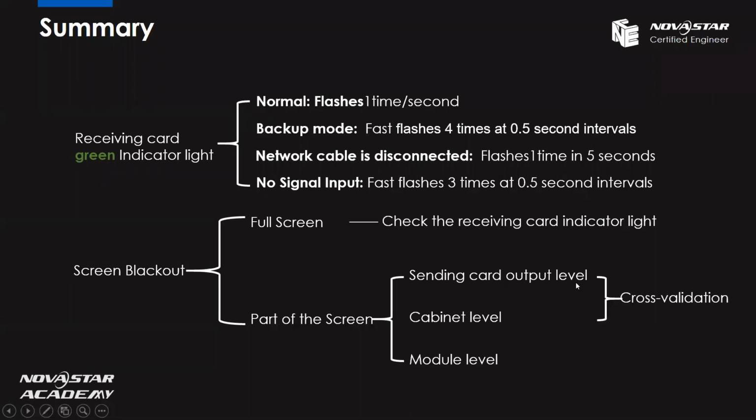For these 2, we need to use cross-validation to check the problem. Okay, after all these are checked, then we can go to the troubleshooting table, the previous table, then we can find the final solution.